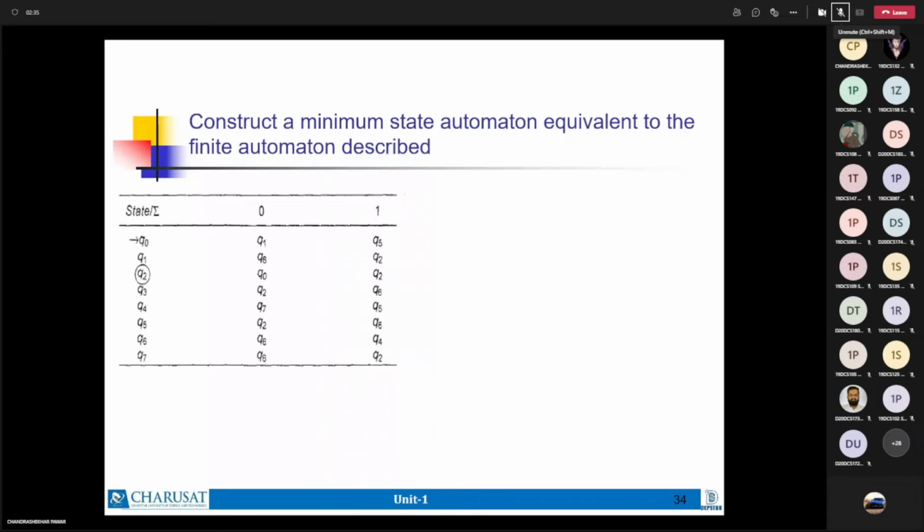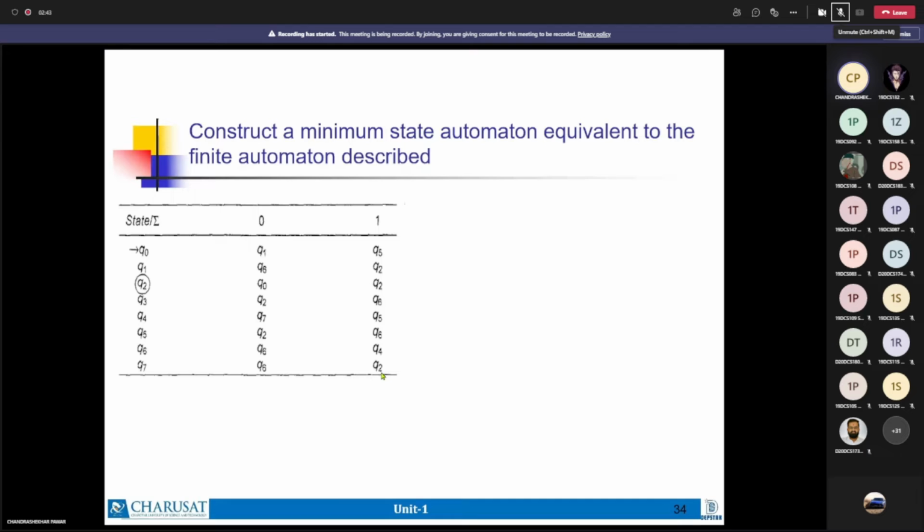Okay. So either a table is given or a diagram is provided within the problem statement. If a diagram is provided, then you have to prepare the table first, like this: the number of states and its transition for input 0 and input 1, or as per the inputs.